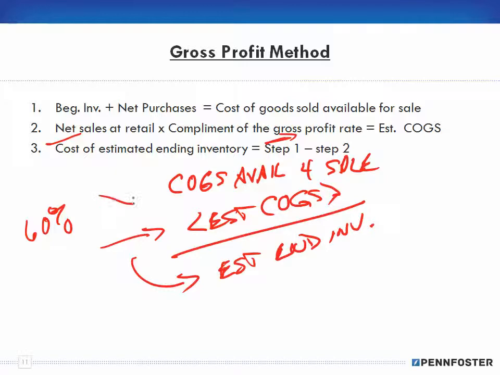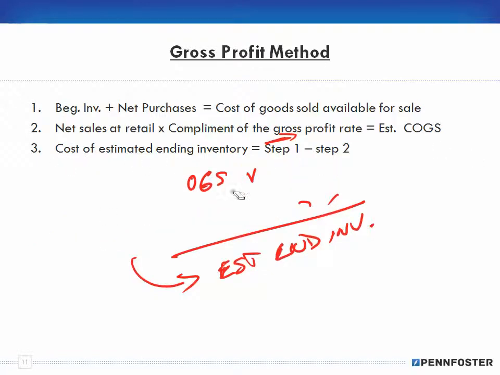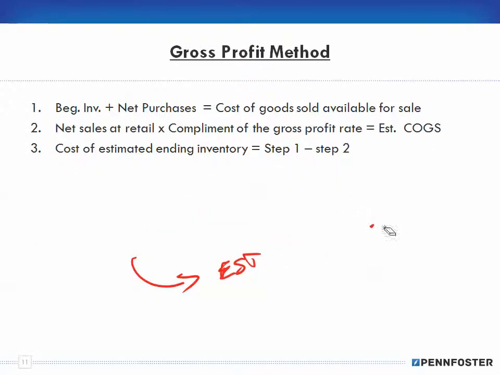Or if they tell you your estimated cost of goods sold and provide the cost of goods available for sale, that means you don't need to calculate the retail method because you're looking at the information you need for the gross profit method. So these are relatively simple. They all use basically the same information, and there's nothing complicated about it. It's just a matter of understanding the terminology to decide which one you're going to use.